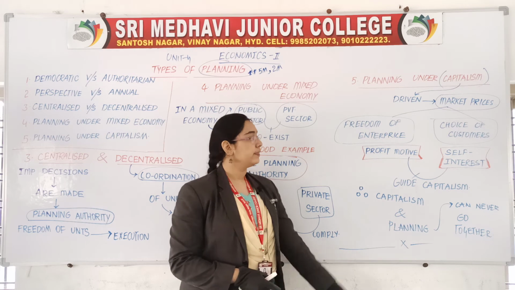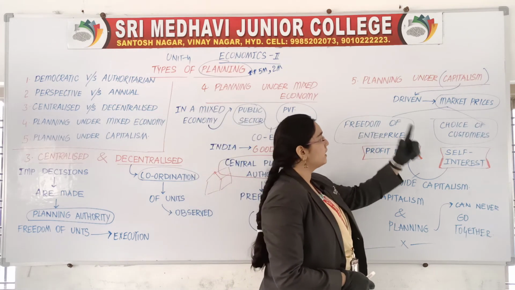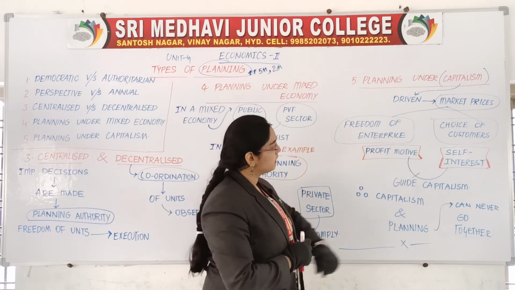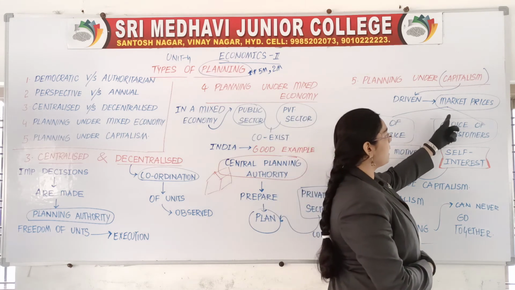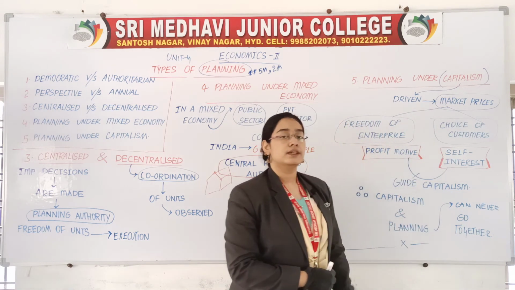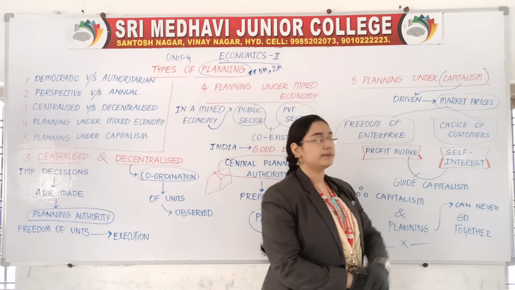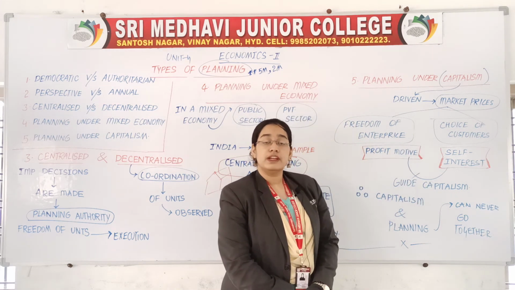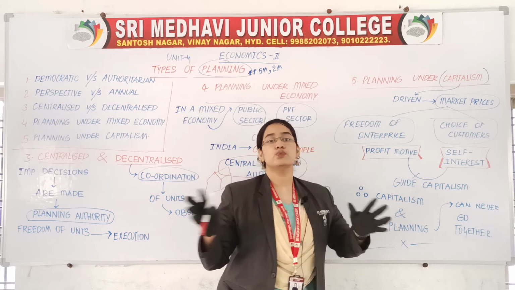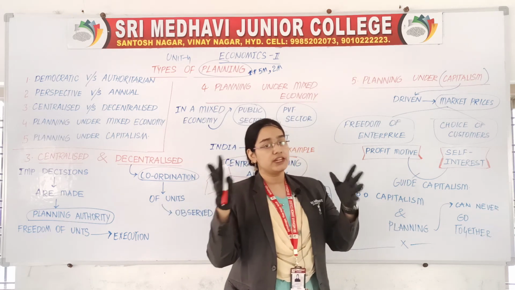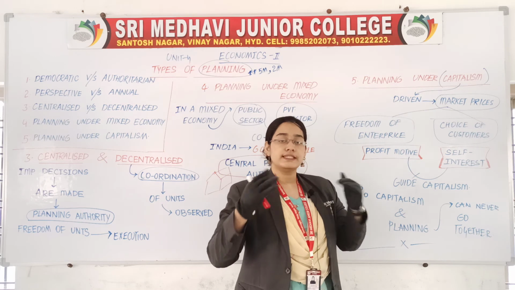with it. The next point, planning under capitalism. Capitalism is driven by market prices. Freedom of enterprise and choice of customers is given. Freedom of enterprise means you can produce as much as you want and fix whatever rate you want. It's up to you.